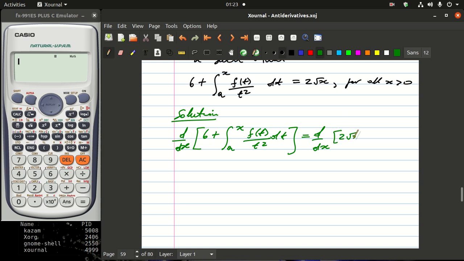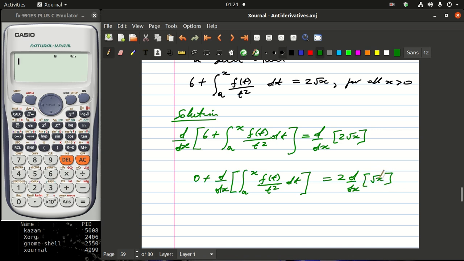So you have 2 times the square root of x. And of course, what is the derivative of 6? That's a 0. So you have 0 plus the derivative with respect to x of the integral from a up to x of f of t divided by t squared dt there. This is not a plus, I have to say equal to. I have 2 times d/dx of the square root of x.